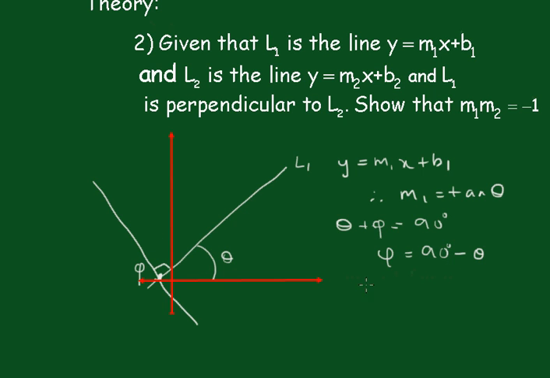Now m2 is equal to, now this will be minus, going this way, it'll be minus the tan of phi. This is the obtuse angle. So this is minus the tan of 90 minus theta.